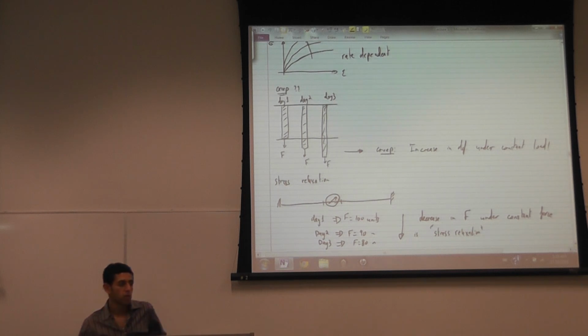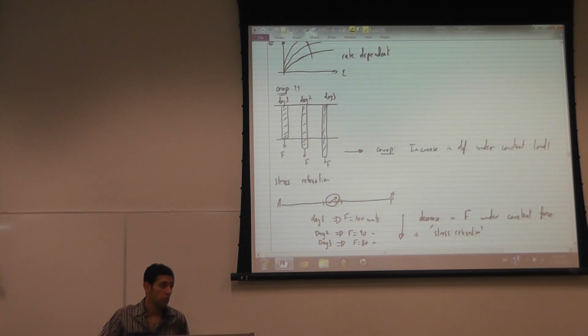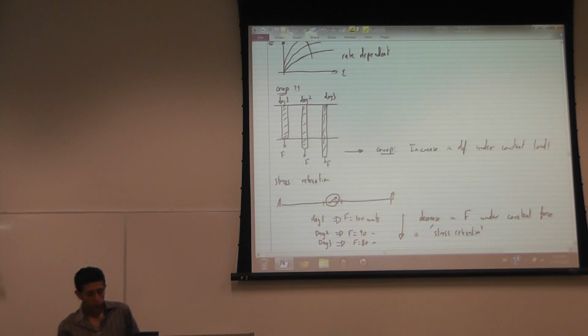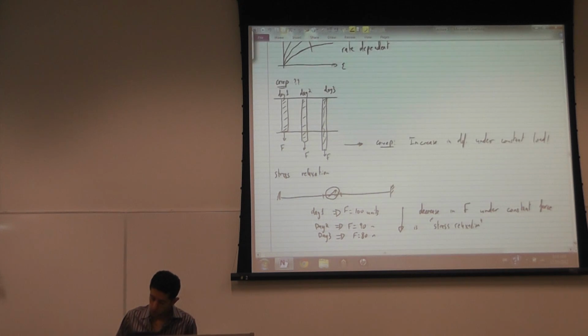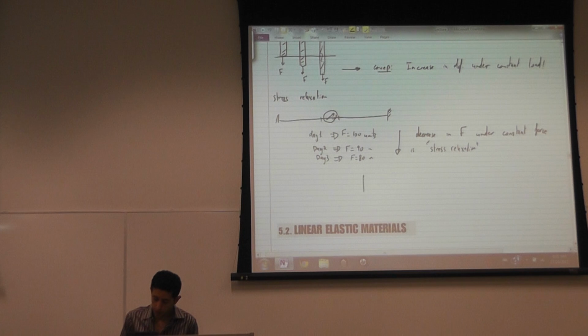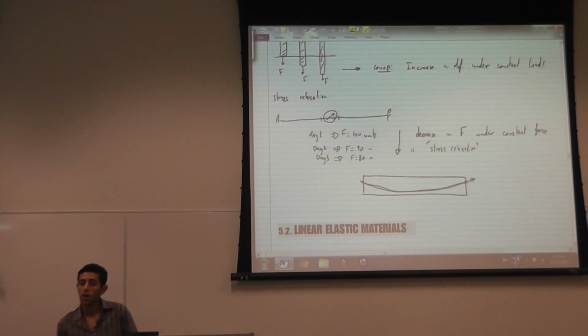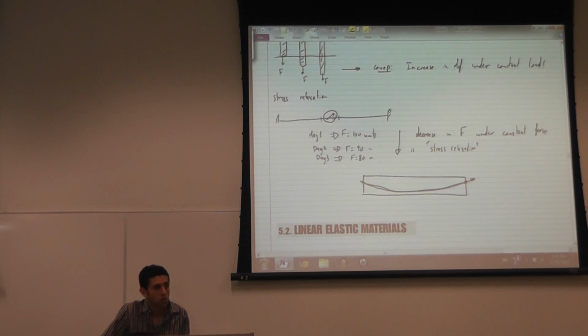So examples, of course, when you have a concrete beam with post-tensioning cables, so you put the force, you put the cables, and you post-tension them, and then every now and then, because of stress relaxation, because the force inside that bar actually decreases with time, they have to go in and crank it up again and increase the force.